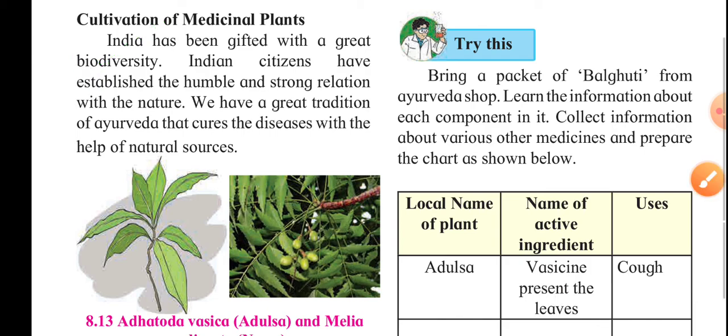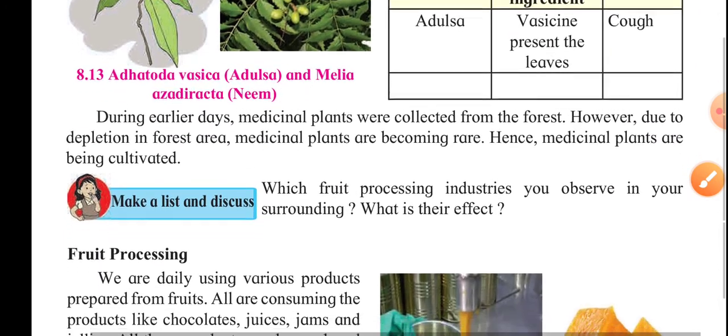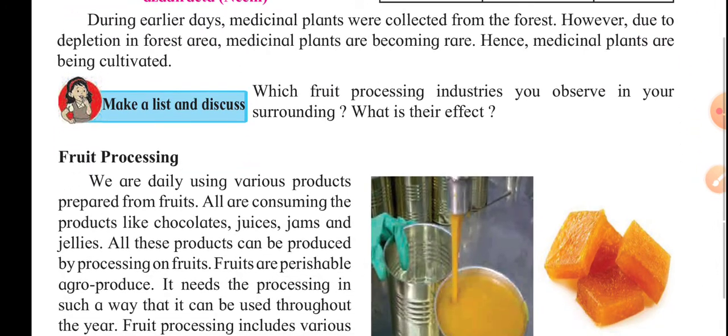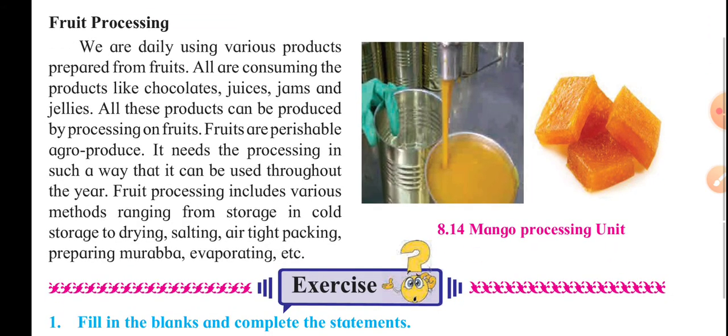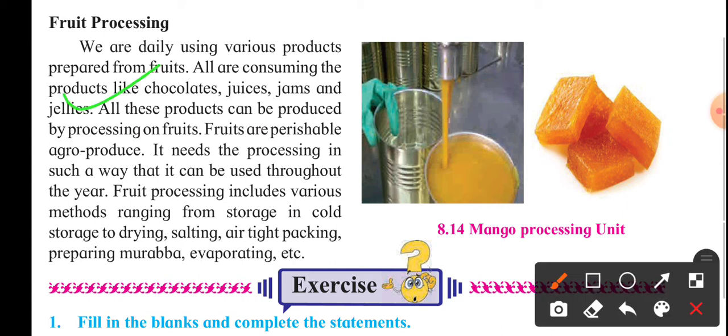After that is fruit processing, another important field where there is scope in the future. We are daily using various products prepared from fruits. All of us consume products like chocolates, juices, jams, and jellies. All these products can be produced by processing fruits.